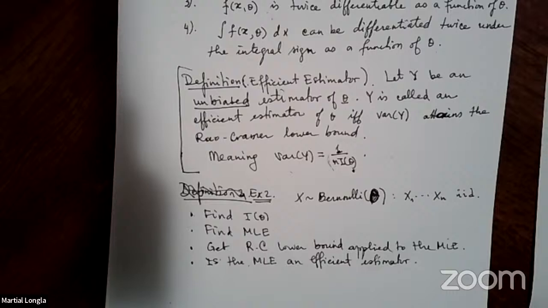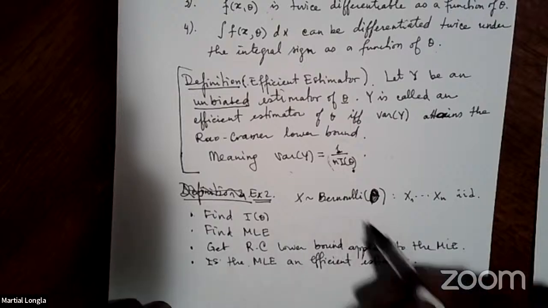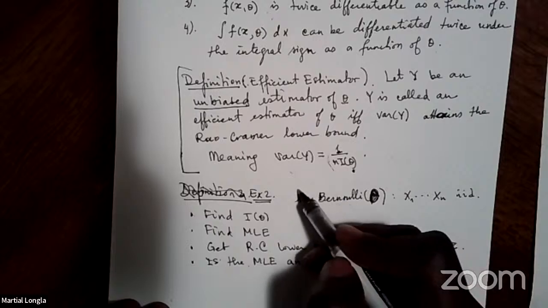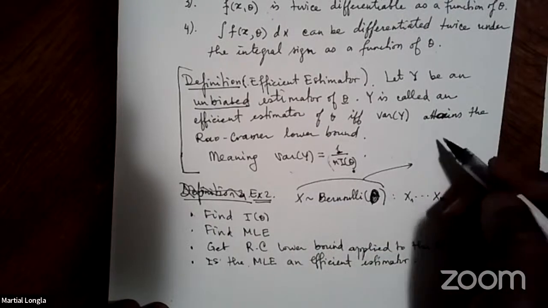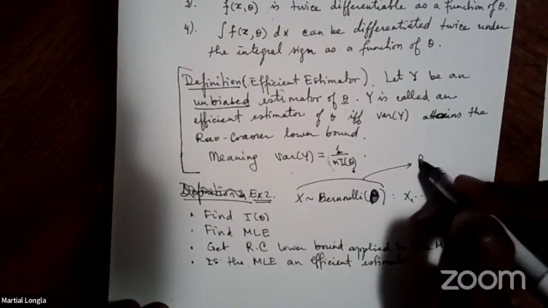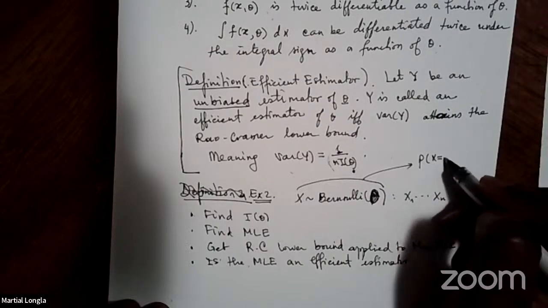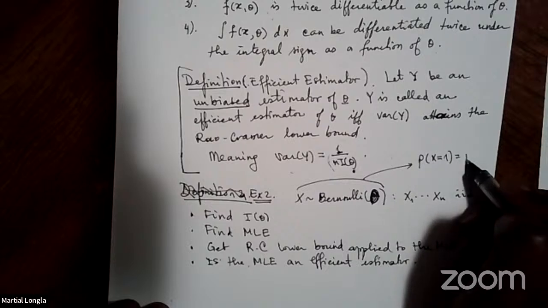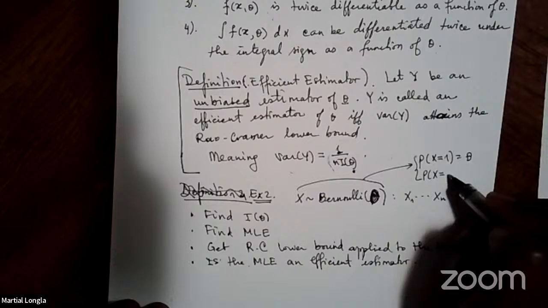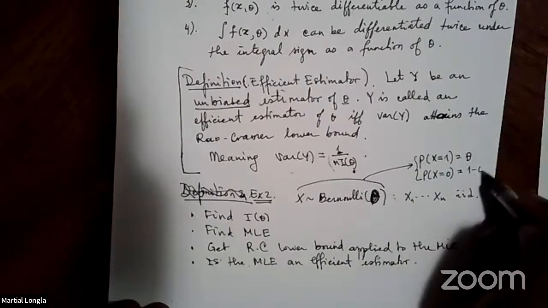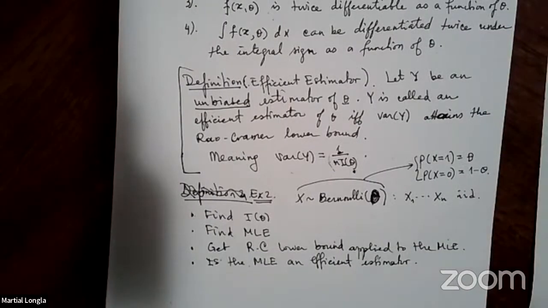Knowing that the Bernoulli random variable is the variable that has values 0 and 1, and P theta is the probability. So I'm just defining here what this means. The probability that X equals 1 equals theta. The probability that X equals 0 is 1 minus theta. That's all.